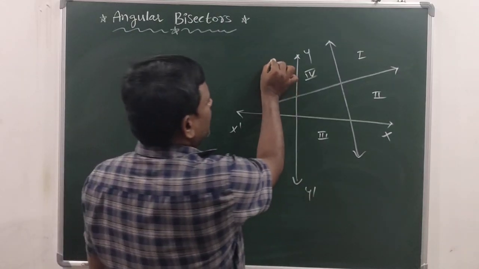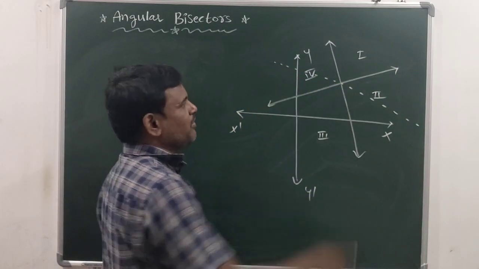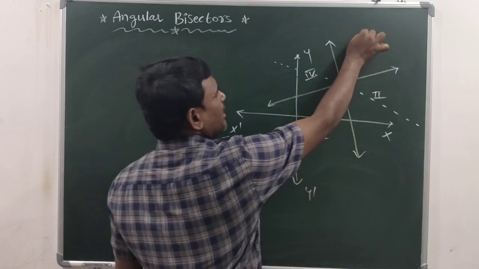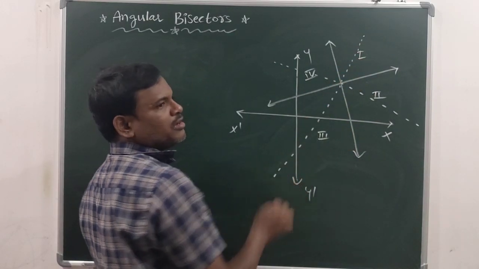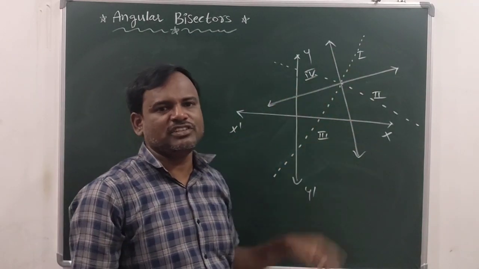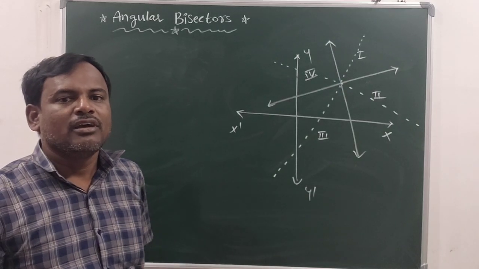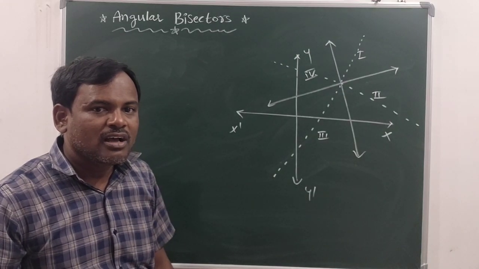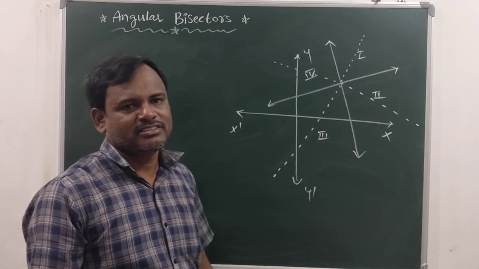So here, if you draw the angular bisectors, you get one angular bisector for these two lines like this, and one more angular bisector like this. But which is the acute angle bisector and which is the obtuse angle bisector, we cannot say. But we want an angular bisector in which the origin is lying.